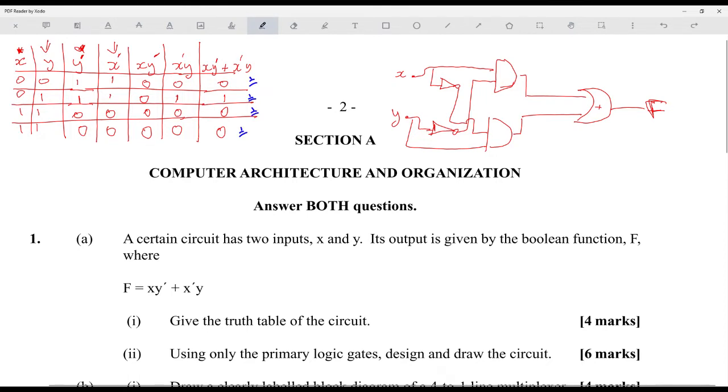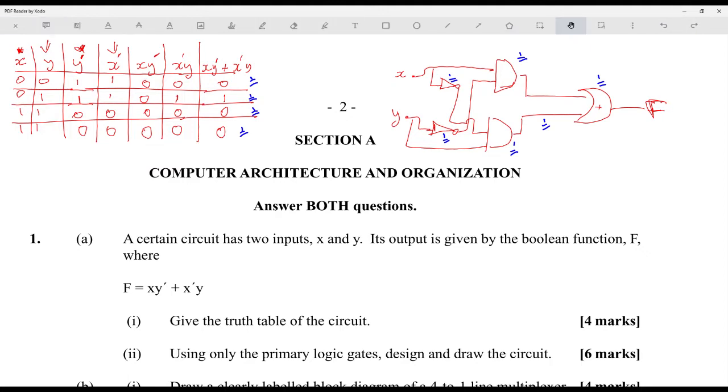The 6 marks here, you get a mark for each logic gate: 1, 2, 3, 4, 5, and then I don't know, a mark for the lines, for the correct lines. That is all I could think of. Unless they're giving you a mark for using the NOT gate properly, but I can't be sure. So, that's the best I could tell you.